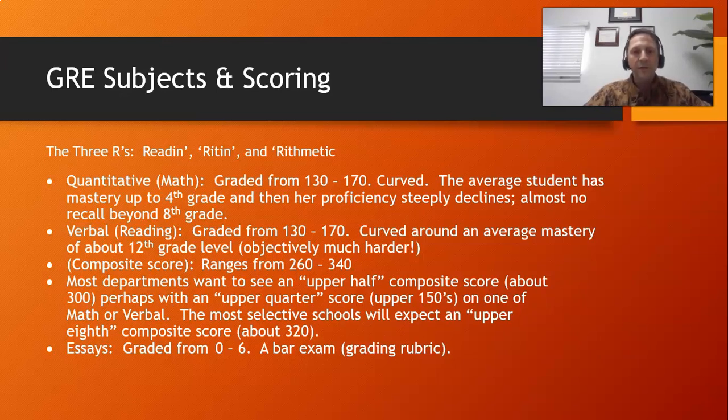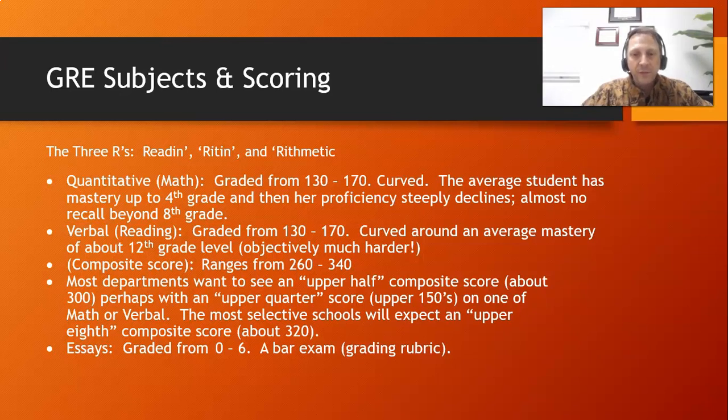And they might also like to see you score in the upper quarter on either the math or the verbal section, depending on your program. If you're applying to a physics department, I'm sure they're going to want to see a very high math score. Whereas if you're applying to a journalism department, they'll want to see a higher verbal score.